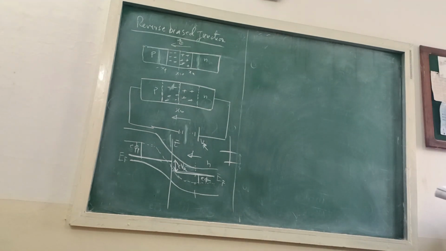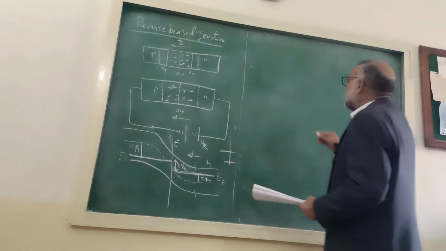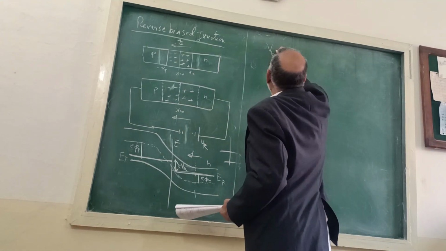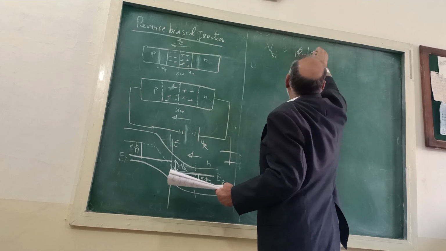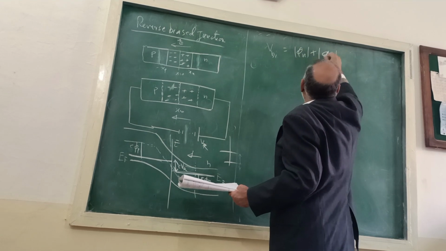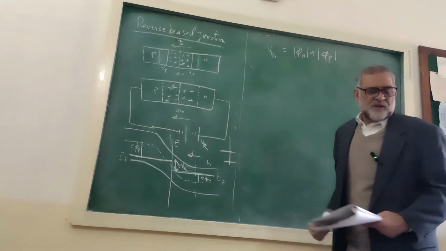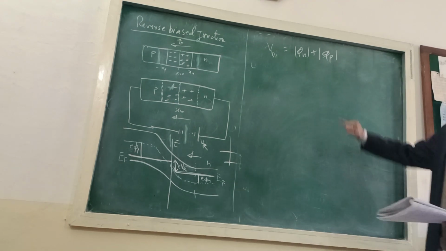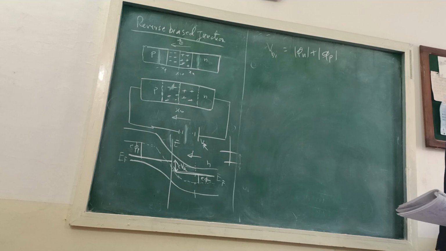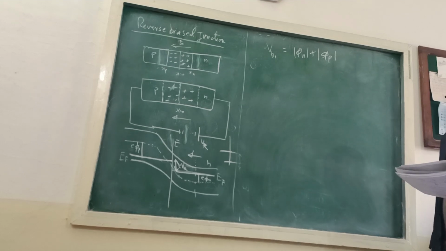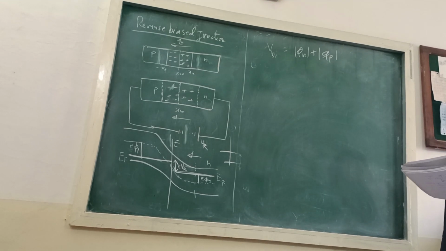Now, VBI was equal to phi n plus phi p, the built-in potential. See, they are both positive.